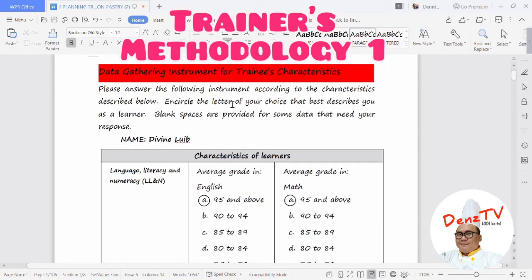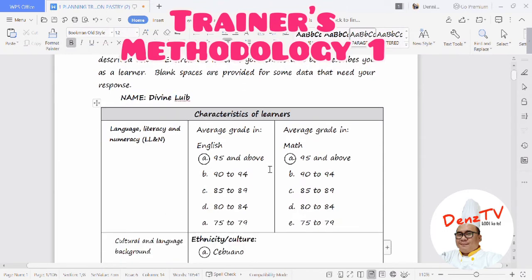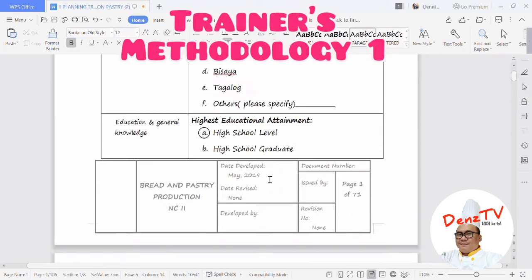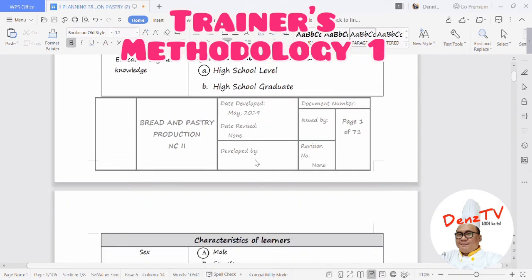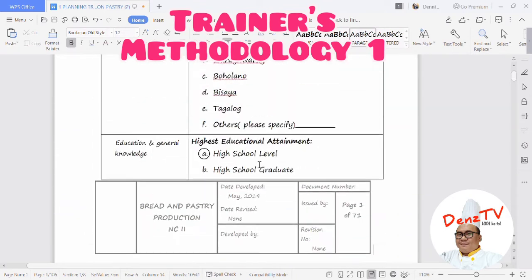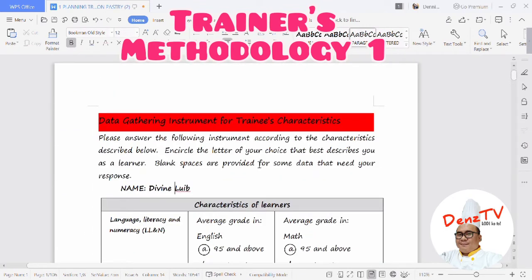So the design of training and instructional materials should therefore suit the characteristics of each trainee. If you look at this particular instrument, it really suits the characteristics of each trainee.